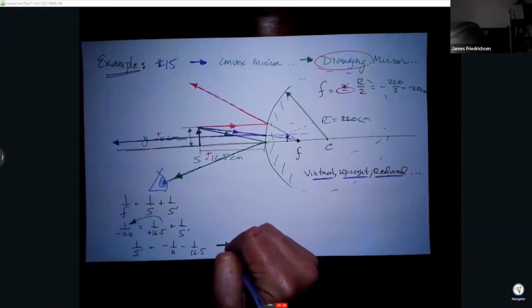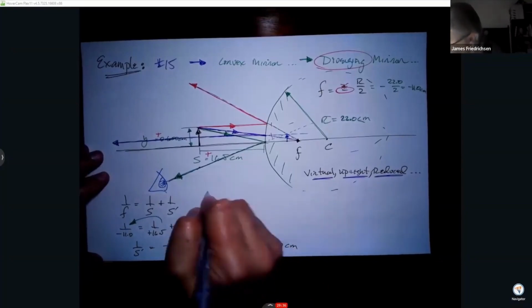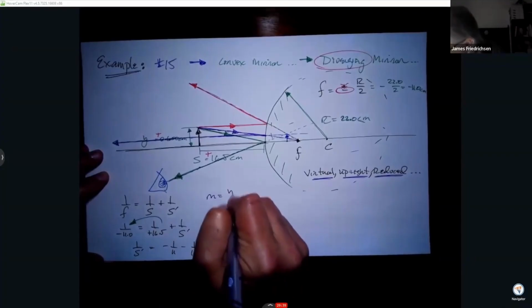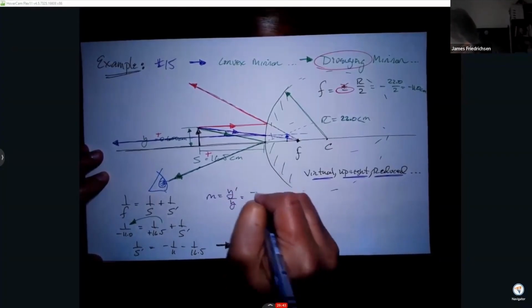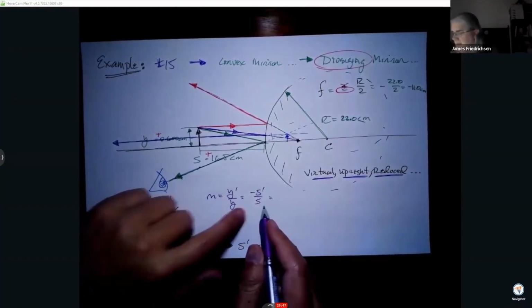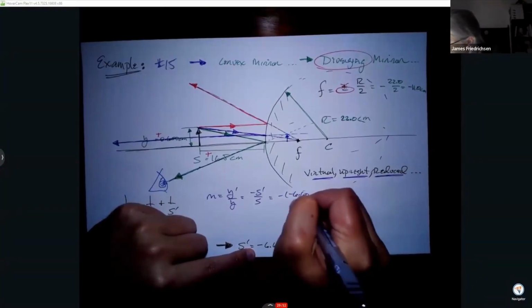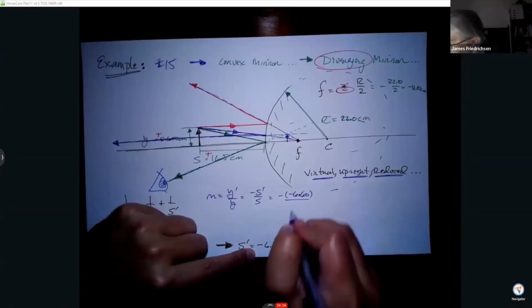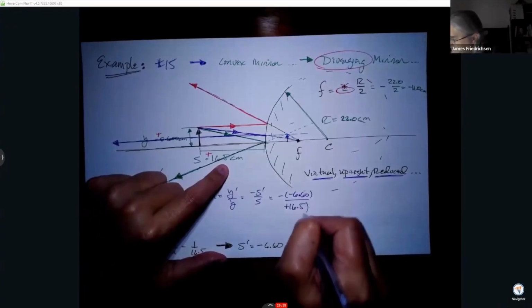Okay. And now that we have the image distance, we can calculate the lateral magnification. So the magnification, essentially by definition, is our image height over the object height, but we can also get it as minus the image distance over the object distance. And that's the one we're going to go with. So this is minus the negative 6.60 centimeters over our object distance, which was plus 16.5 centimeters.